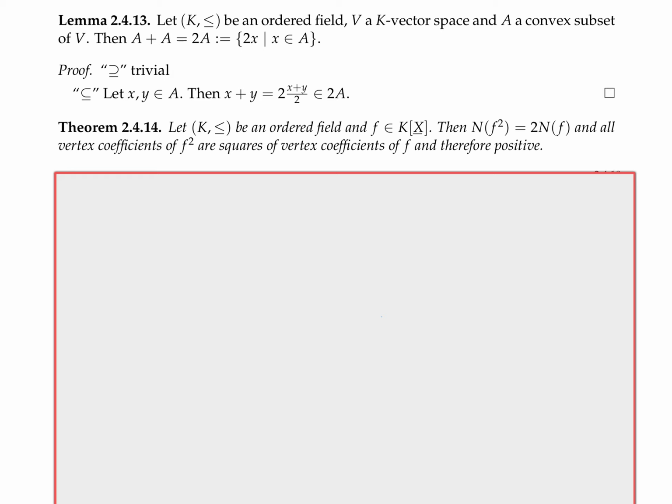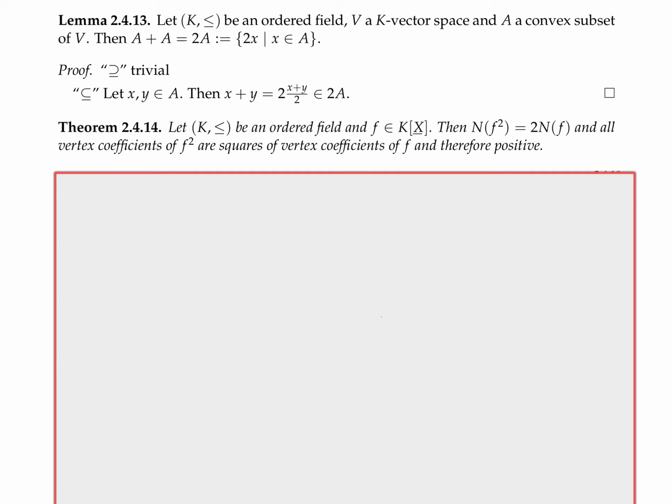And now we come finally to this, after all these preparations, we see what this has to do with squares of polynomials and with sums of squares. First was squares, right? So let K be an ordered field and F a polynomial over K, then the Newton polytope of F squared, of F times F, is 2 times the Newton polytope of F. And all vertex coefficients of F squared are squares of vertex coefficients of F, and therefore positive, right?